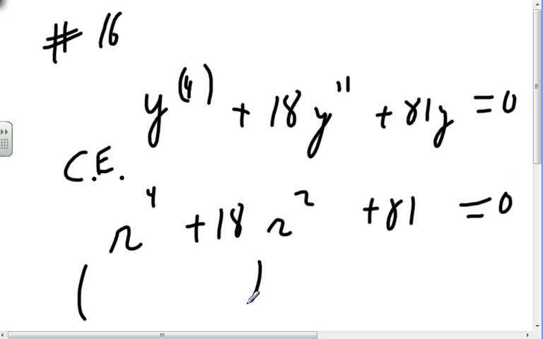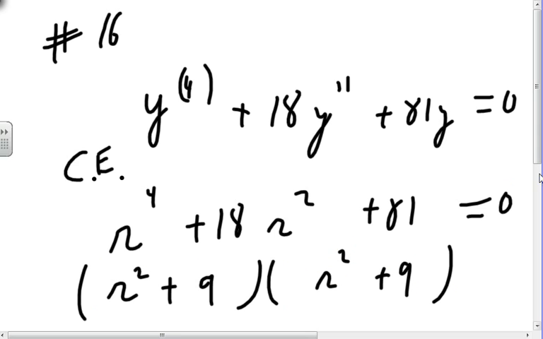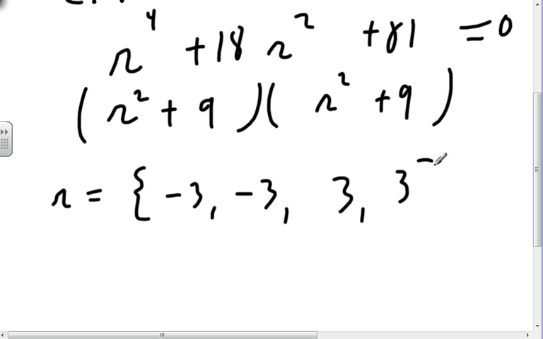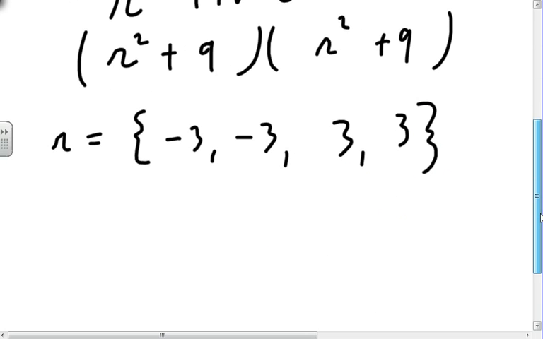I can factor that: r squared plus 9, r squared plus 9. And I can, from that, know that my r's are going to be minus 3, minus 3, 3, and 3. So I have double roots of minus 3 and 3 each.